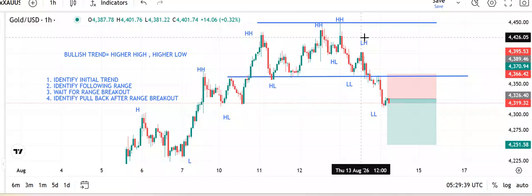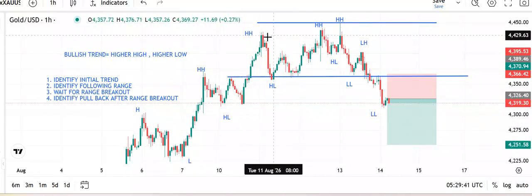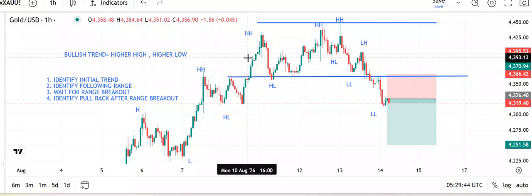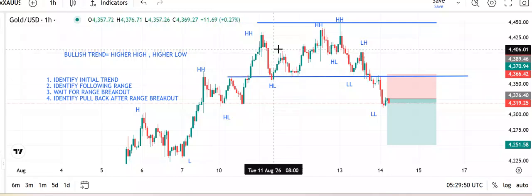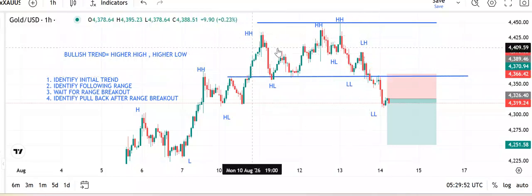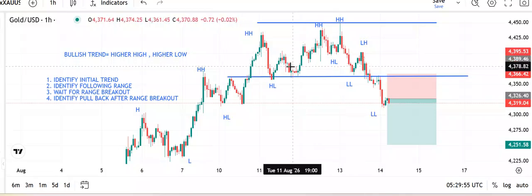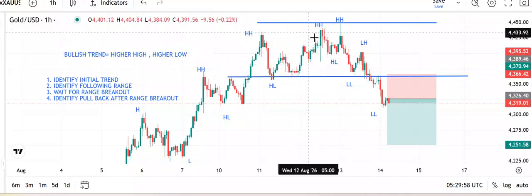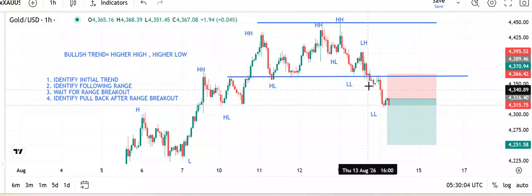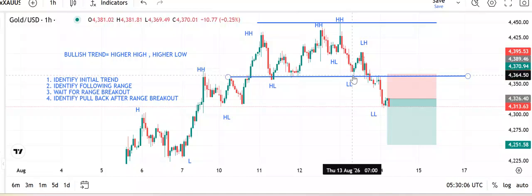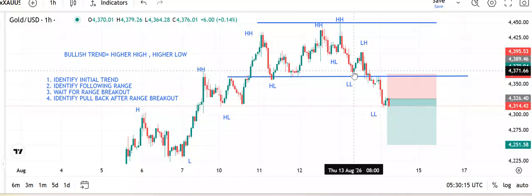In these phases you only have higher high, higher low, and in this phase you can see a mixture of higher highs and lower lows. So this is a range phase, a consolidation phase. The moment you see price break out of the lower low, that's your range breakout. So you need to identify the range breakout. That is key.